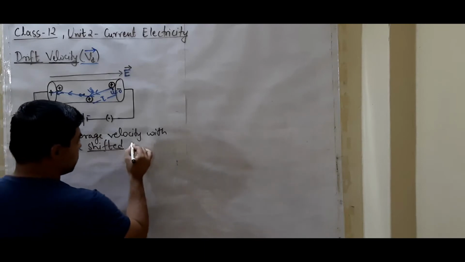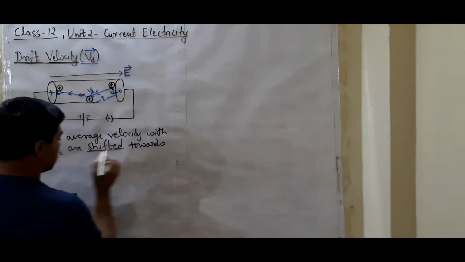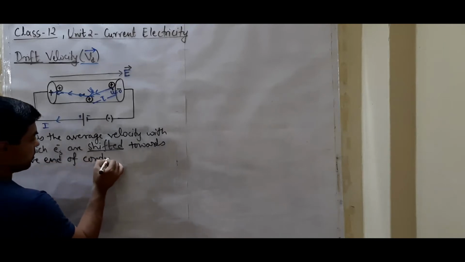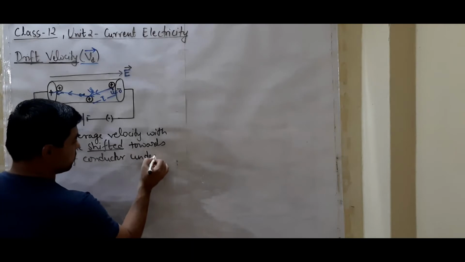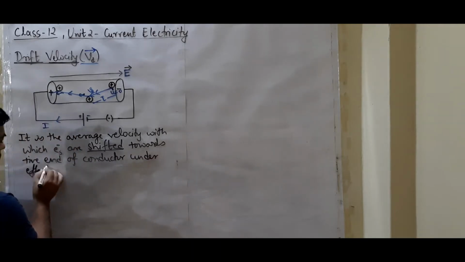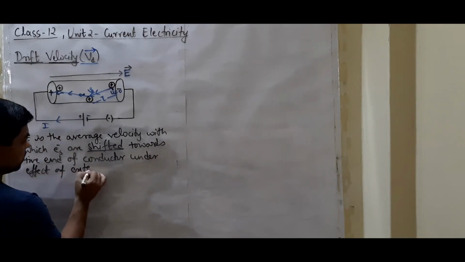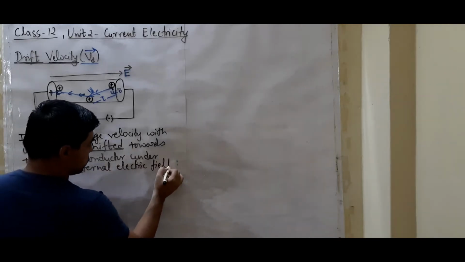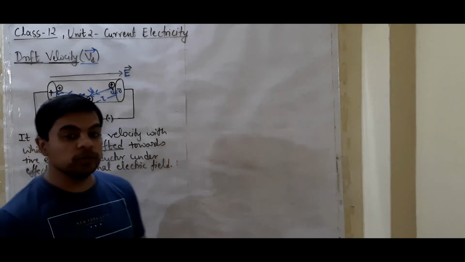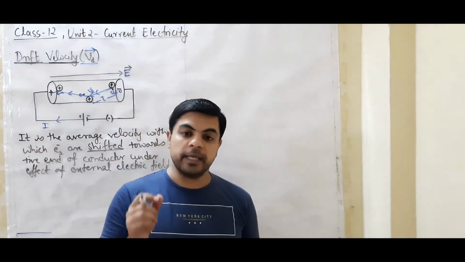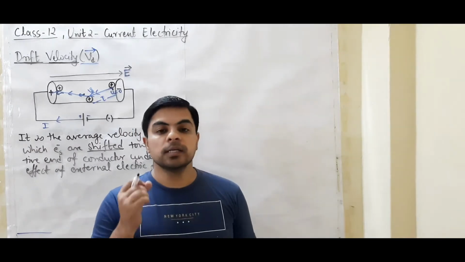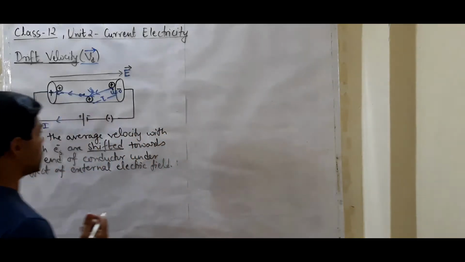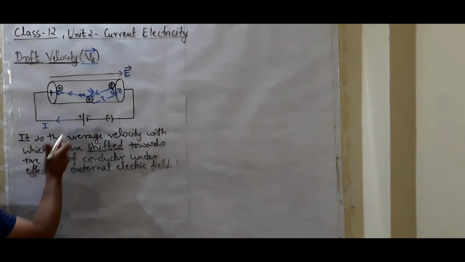So they are shifted towards the positive end of the conductor under the effect of the external electric field. So this is the situation of how the electron moves along the wire, and then it forms electric current. So what is the value, how it moves, or how its expression is developed, that we will do here.